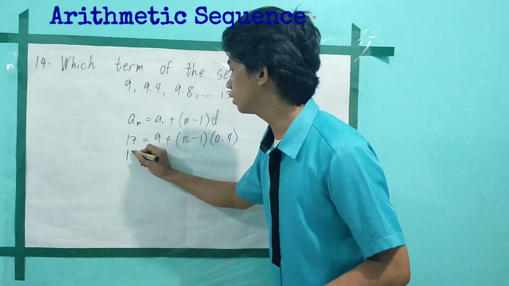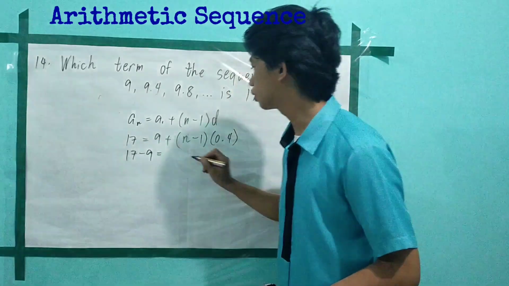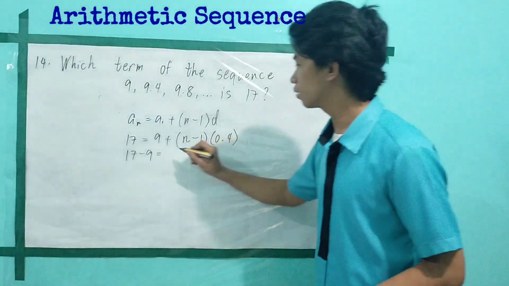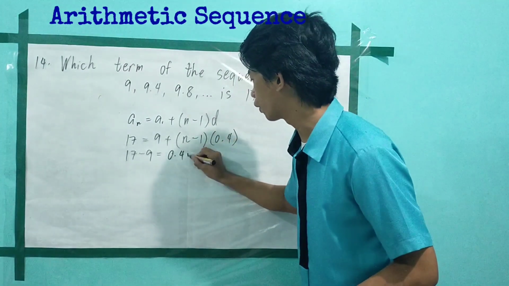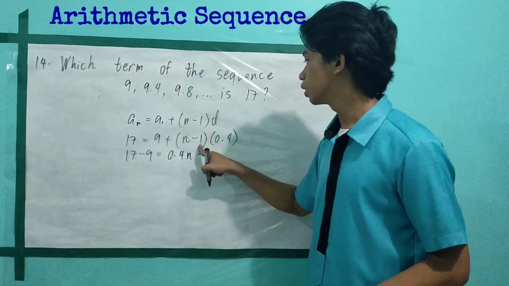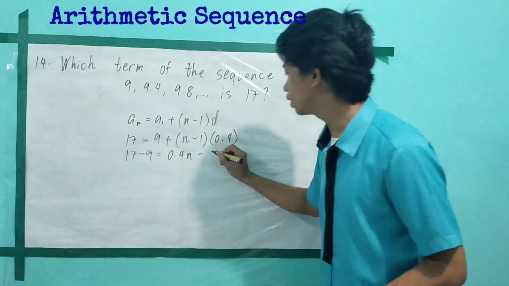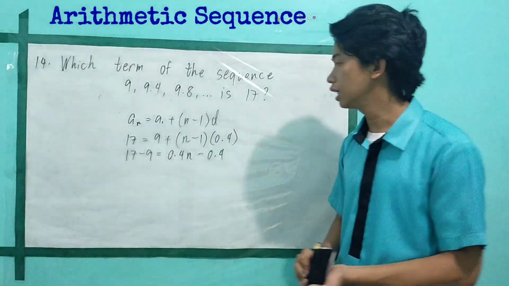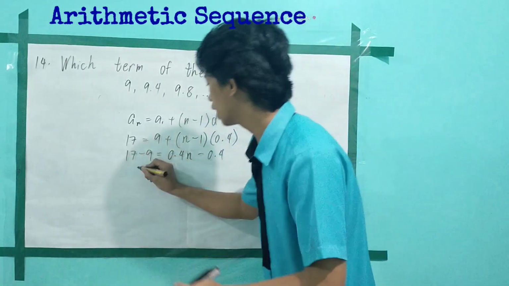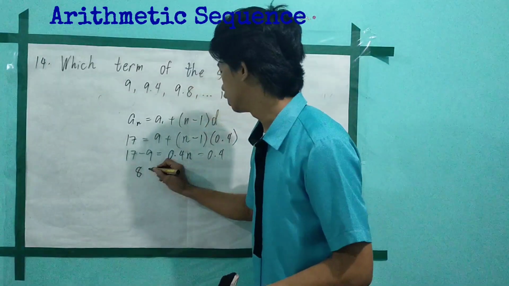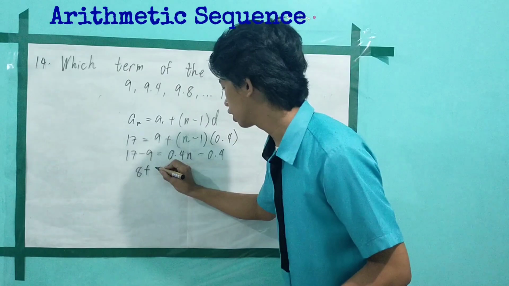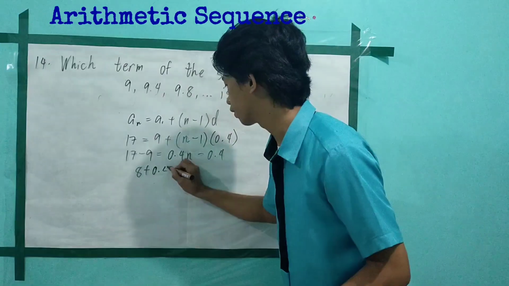Okay, using APE, we have 17 less 9 is equal to, yan, multiply natin n multiplied by 0.4, we have 0.4n. Less 1 multiplied by 0.4, we have 0.4. Okay? 17 less 9, we have 8. Using APE, negative 0.4, so magkakaroon tayo ng plus 0.4 dito.